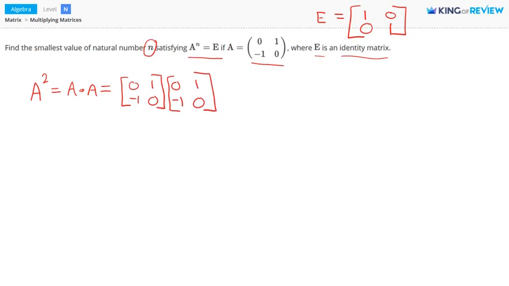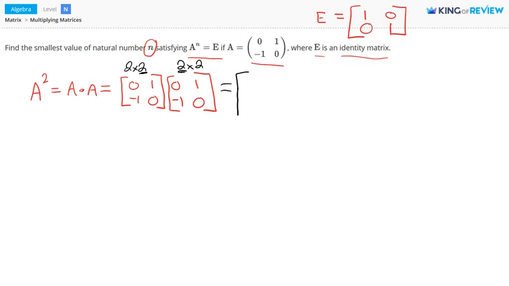What we want to do is multiply these two matrices together. The product of two matrices is defined as long as the number of columns in the first matrix is equal to the number of rows in the second matrix. This is a 2 by 2 and the same thing, a 2 by 2 over here. Because these two numbers are the same, we are allowed to multiply them together.